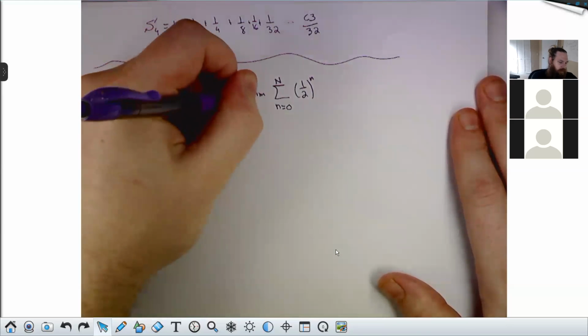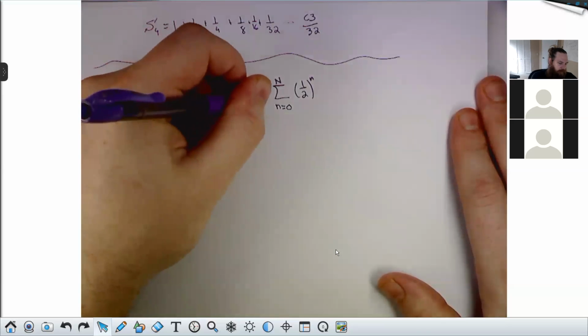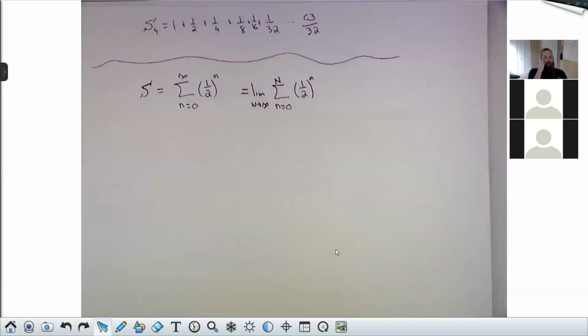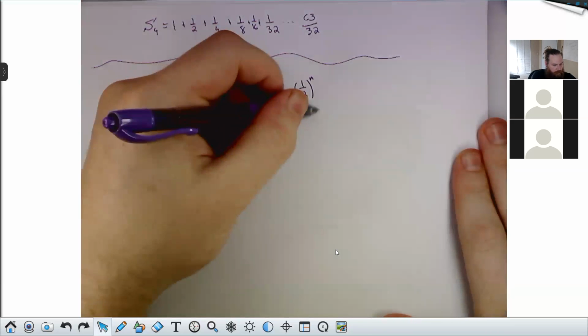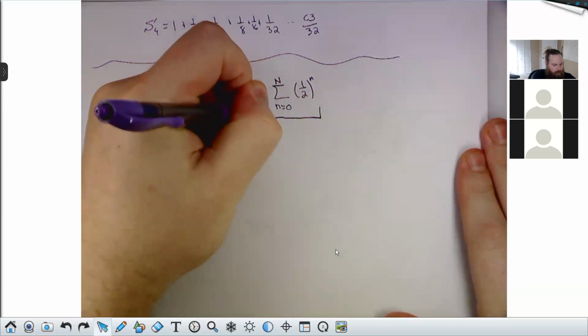And there's a special notation for that. It looks like this. This object right here is Sn.